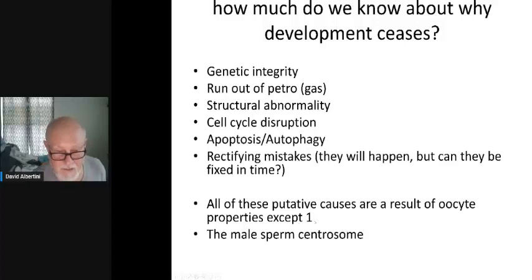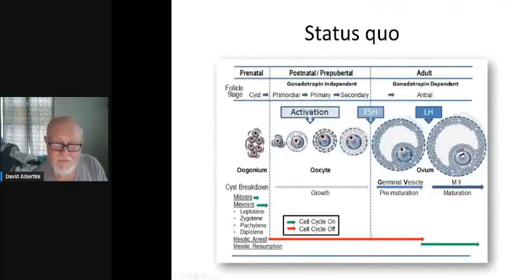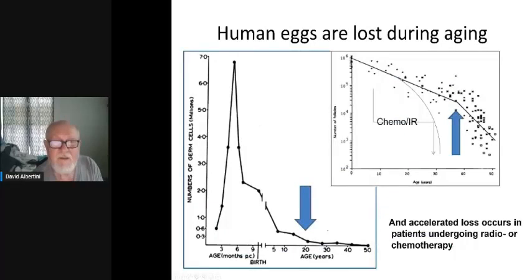As I just said, the majority of these contributing factors that result in abnormal fertilization are oocyte-derived, although certainly the sperm deserves more attention. So we're left with this picture of generation of oocytes, through the stage of gonadotropin independence and dependence, and these final phases of prematuration and then maturation involving key transitions in cell cycle regulation.